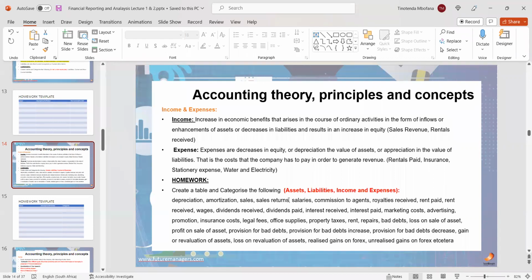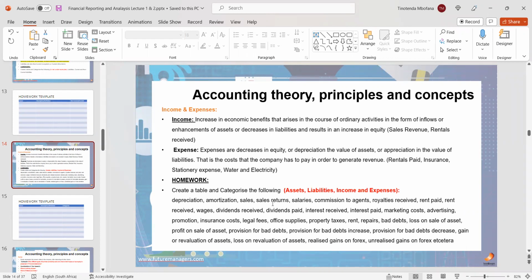That increase in the value of the liability is an expense to you as an organization. So those are the three natures of the expenses that you're going to see. However, as you generate revenue in an organization, you're going to have to pay rentals, insurance, stationery, water and electricity, all these different things that you're going to pay for. These can also be regarded as the expenses of the specific organization.